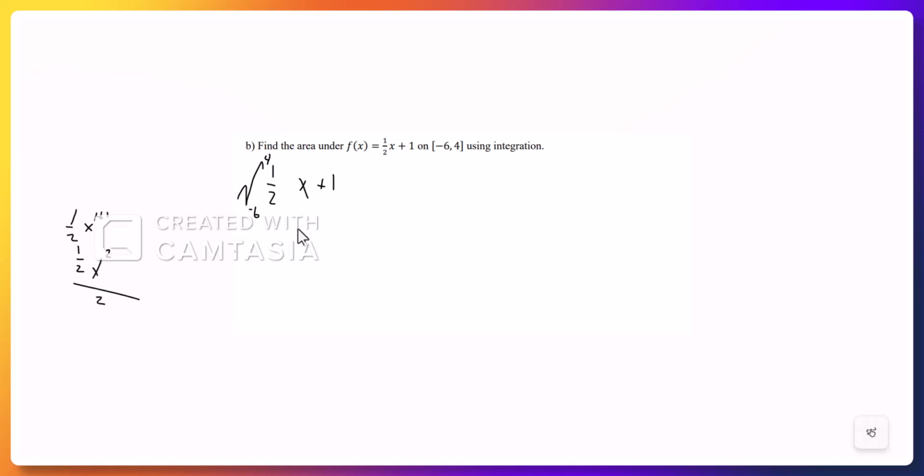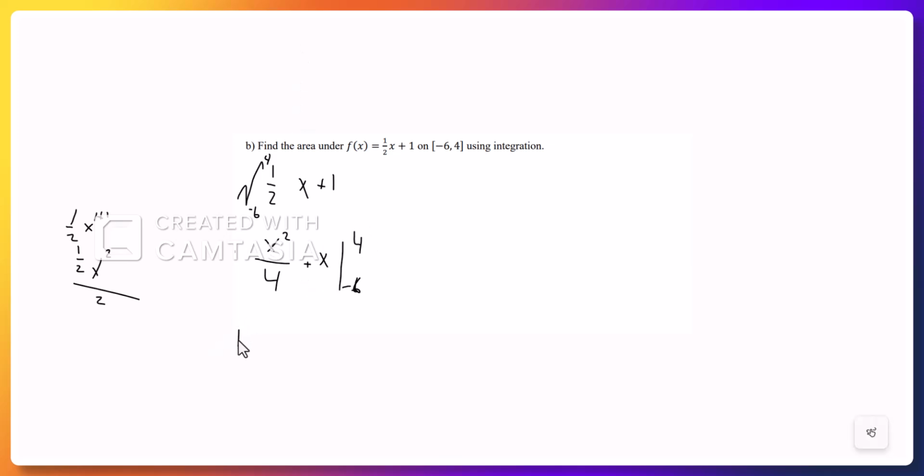Okay, so now it'll just be x squared divided by 4 plus x, between the intervals of -6 and 4. With this, we're going to plug it in.